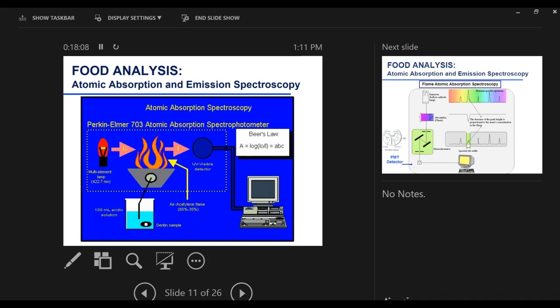So your atoms are in the flame, they get the light, they absorb light, and then the transmitted light goes to the detector. And then you measure absorption at a particular wavelength, and Beer's law is applied. The energy is converted to an electrical signal that gives you the absorption. The calculation is done so that the transmitted light is converted to absorption.